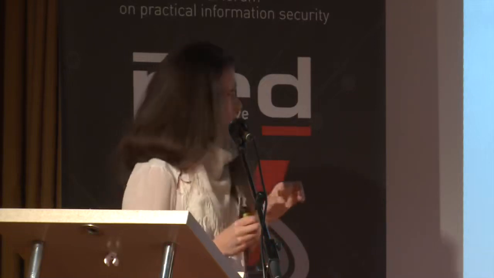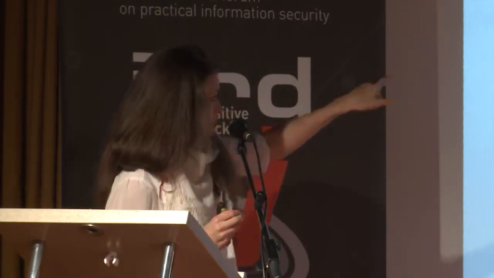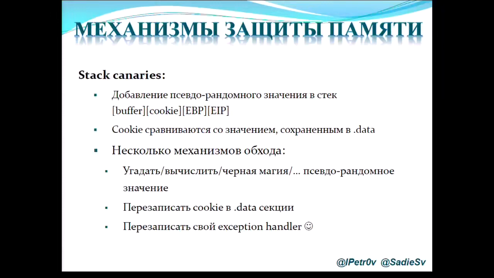With this, they calculate some pseudo-random value, which is also put on the stack before the registers that have been stored. When exiting the function, this pseudo-random value is stored in the data area in some place. When leaving this function, these pseudo-random values are compared, and if it's the wrong one, the process terminates.